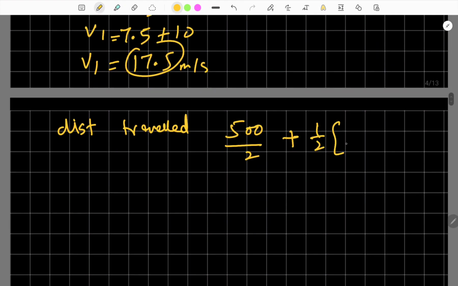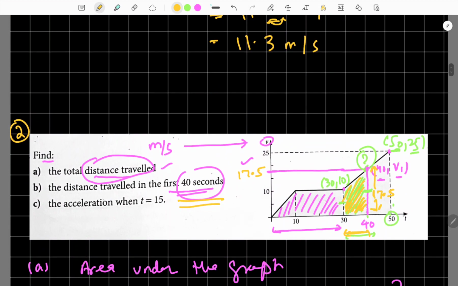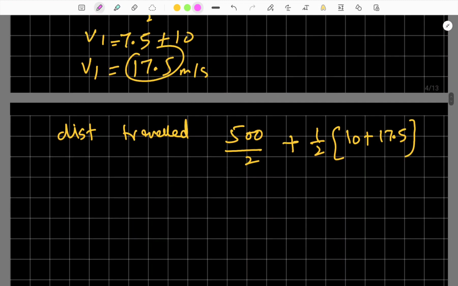Clarity बेटा? ठीक है? यही बन रहे हैं ना parallel sides. One is this parallel side बेटा and the other is this, ये जो पिंक से हमने अभी find किया है, 17.5, right? And the height is the distance between the two parallel sides, that is 40 minus 30 which is 10. इसमें कोई डाउट? And the height is also 10.